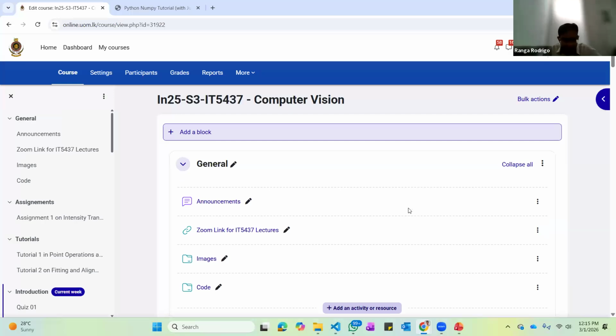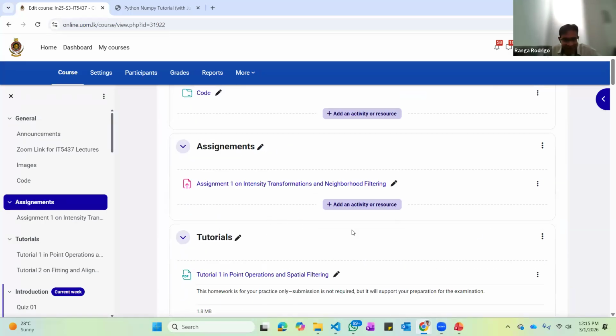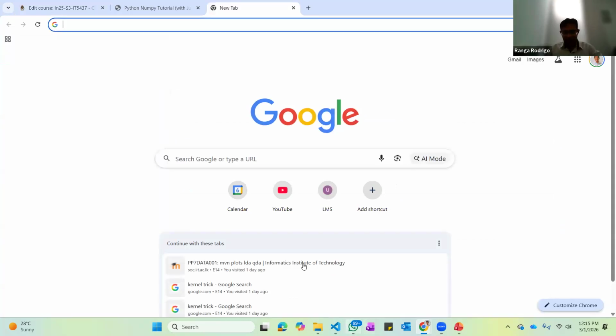So remember, without Python and NumPy, we cannot do an image processing course, a computer vision course. So it is a must for you to learn these things and start coding. But to do some coding, you don't need Visual Studio Code immediately.